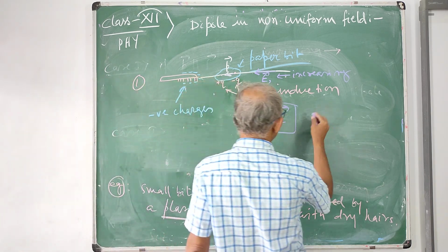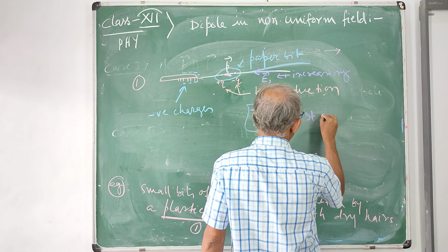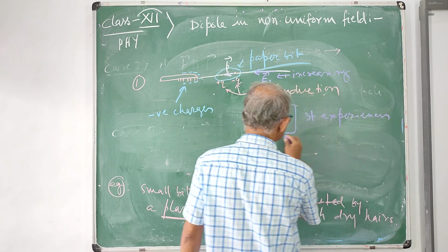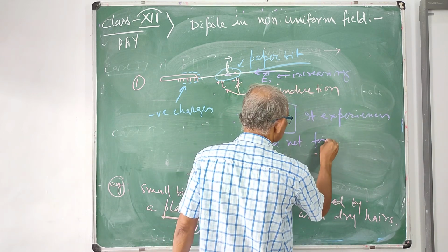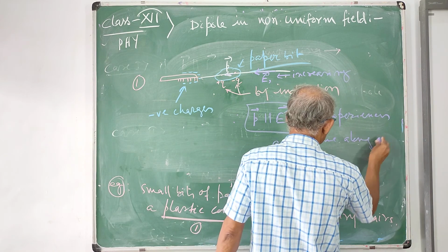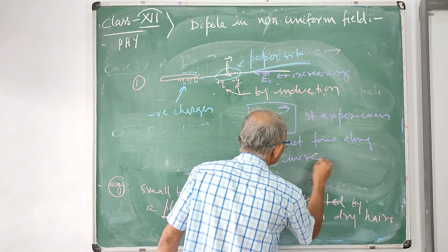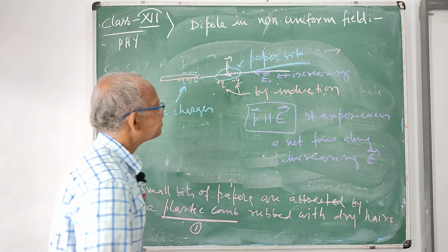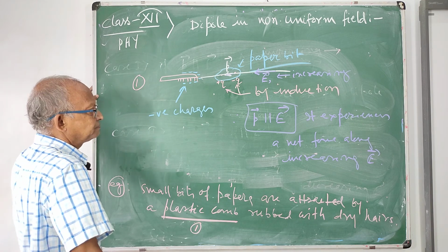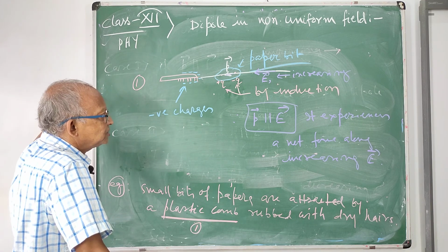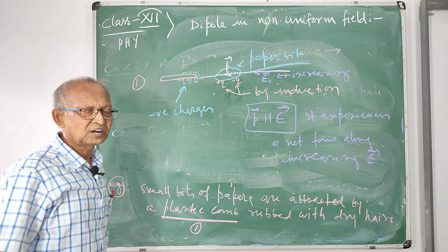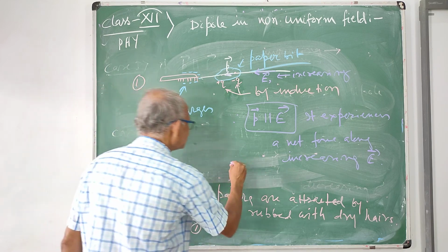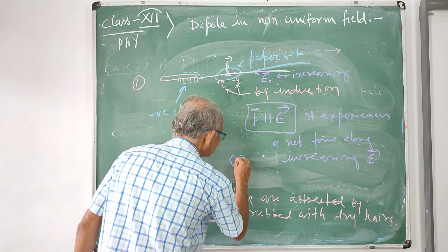Since P is parallel to E, it experiences a net force along increasing E. You check the first case, it is there. P is parallel to E, then the dipole experiences a net force along increasing E. And what is the result?